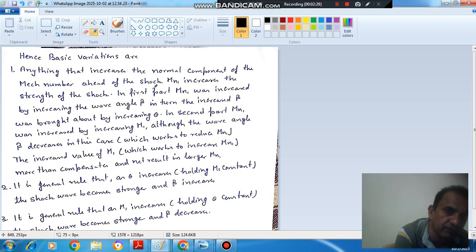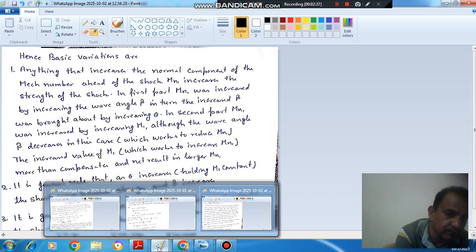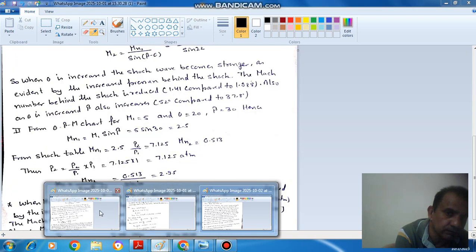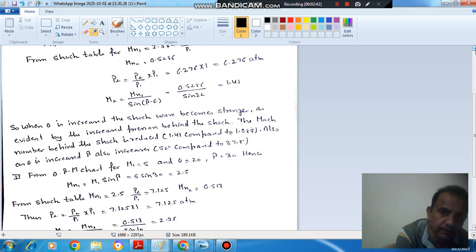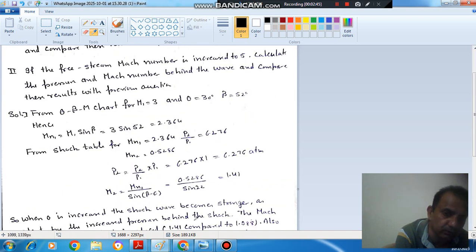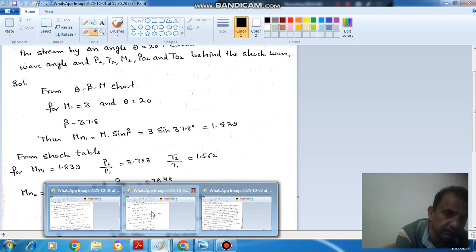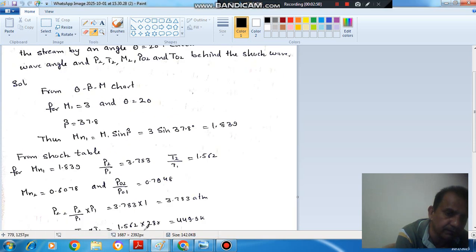because Mn1 was more. In the first part, Mn1 was increased by increasing the wave angle beta, because beta was here 52 degrees as compared to the first question, where it was 37.8 degrees.